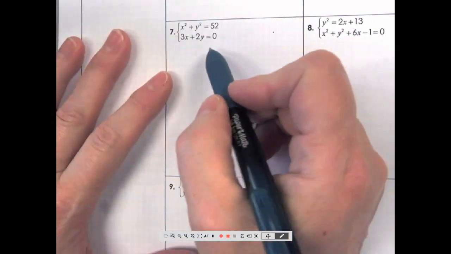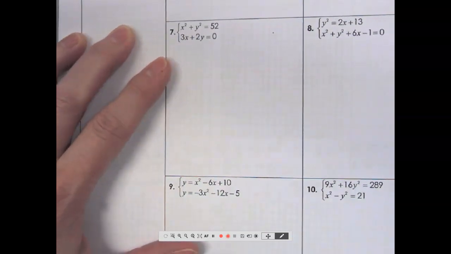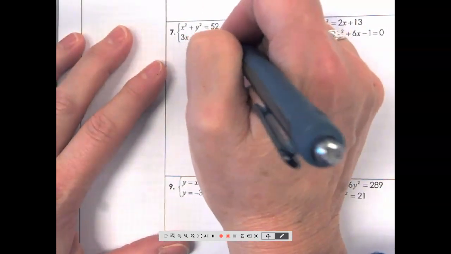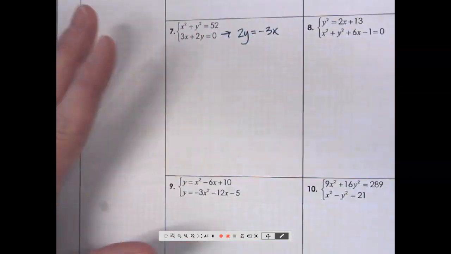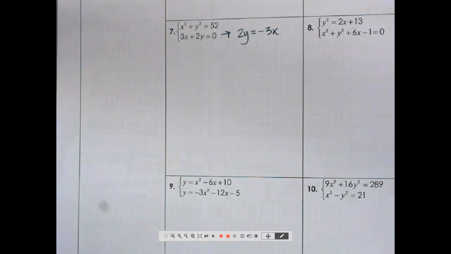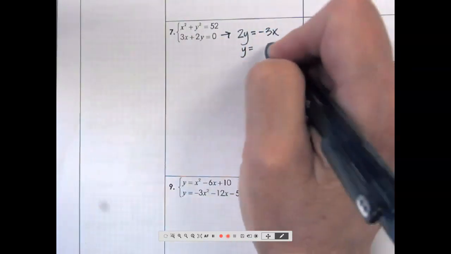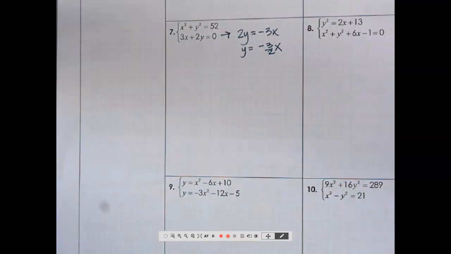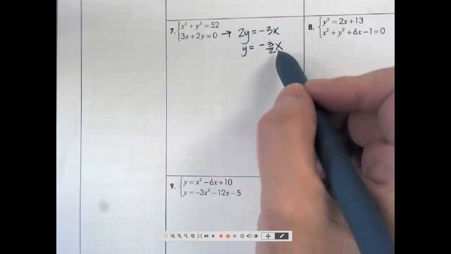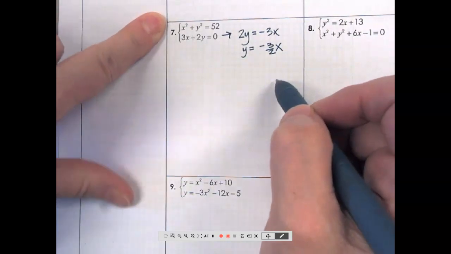All right, what do you want to solve for, x or y? Y, okay. So 2y is negative 3x. What does y equal? Negative 3 halves x. All right, so that whole thing will be subbed into the other equation in place of y.